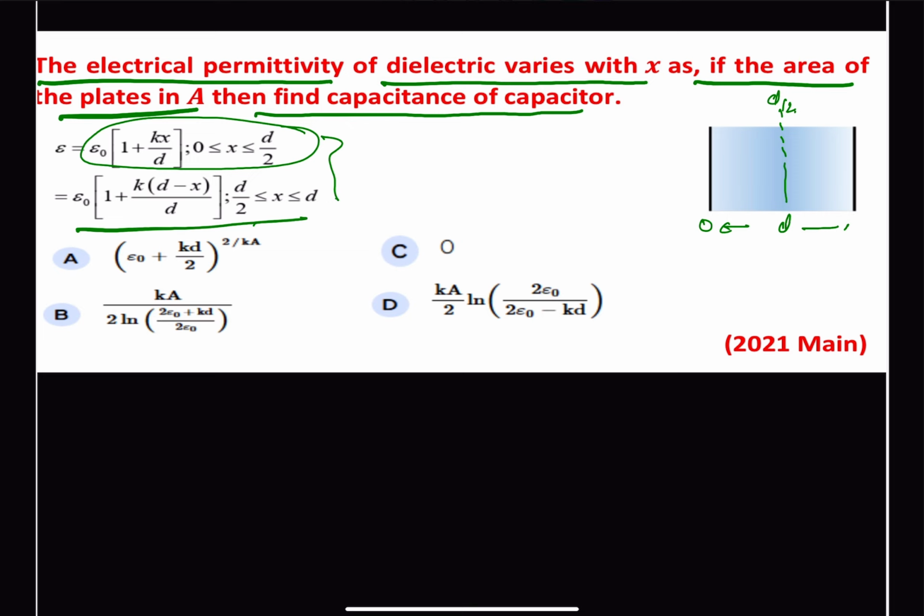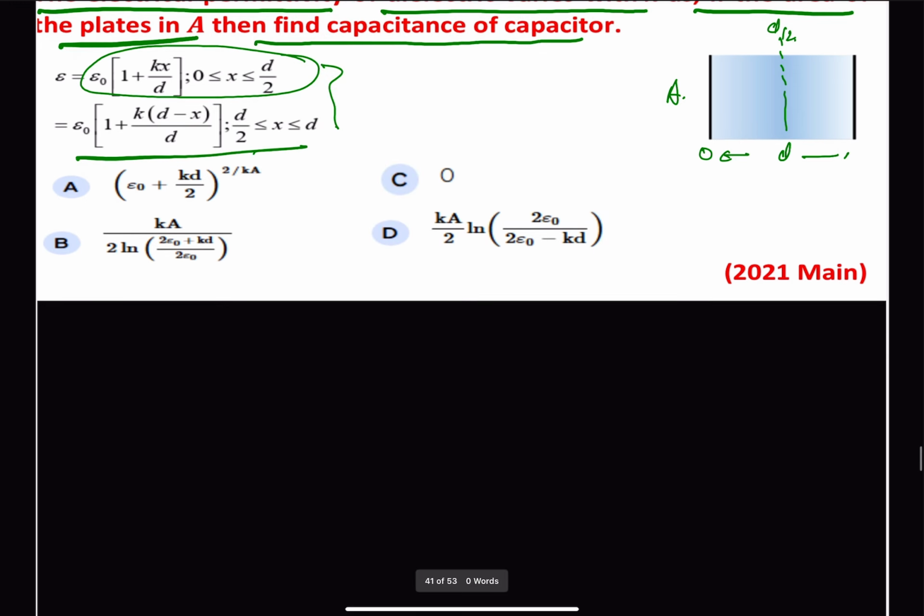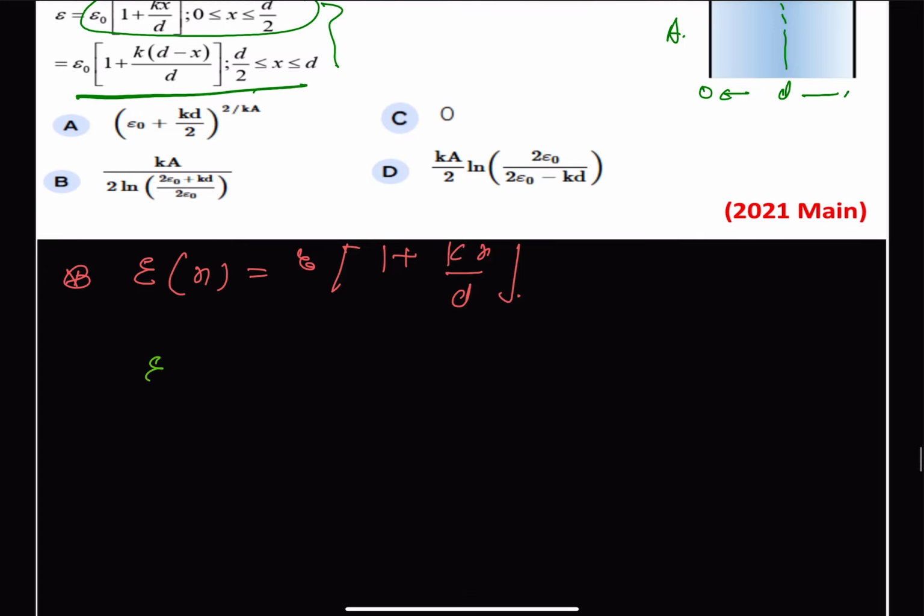So here, let us suppose A is the area of the plates, and let me write the equation. The permittivity dependent upon x will be epsilon naught times 1 plus k x by d, and the second part is epsilon of x equal to epsilon naught times 1 plus k times d minus x divided by d.